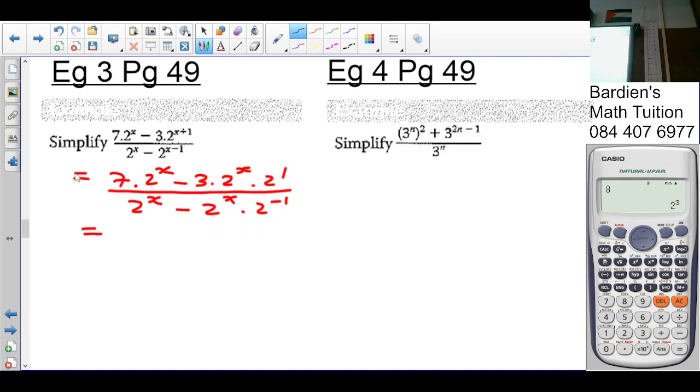You take out your common factor of 2 to the x. In the denominator, also, 2 to the x is a common factor. So do that quickly.